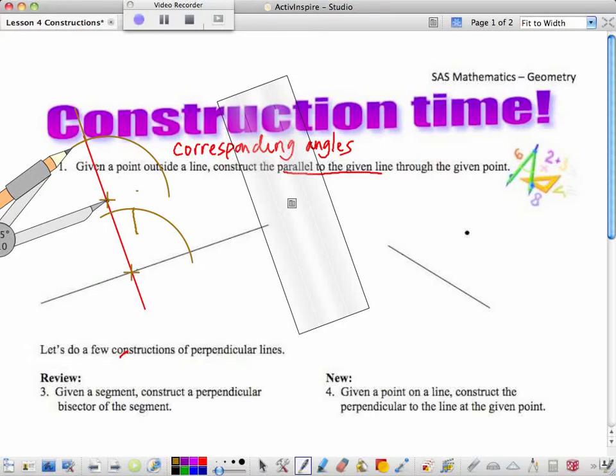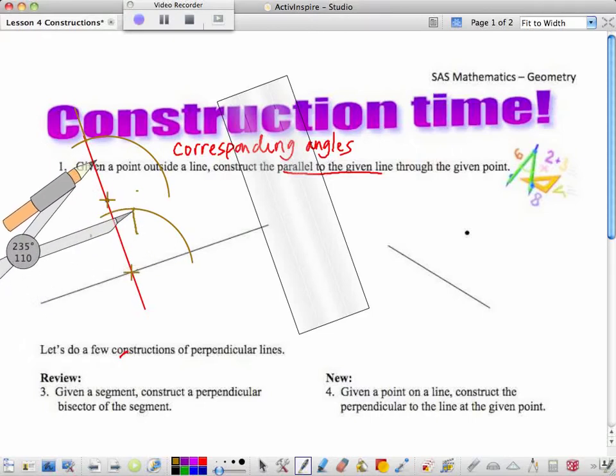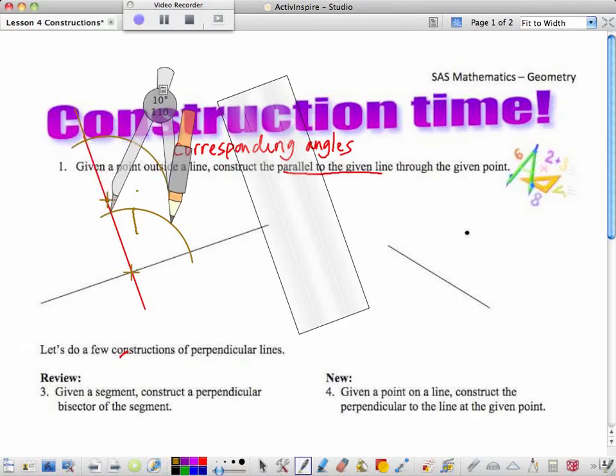Okay, when we're done with this, you have to move your compass. It's probably good to put your compass point, the pointy part, right here where the arc meets the transversal on my original arc right here. And I'm going to manipulate my compass until I can measure how wide this angle is opening up, right? So I want to find out how wide it is from this side to this point over here on the given line.